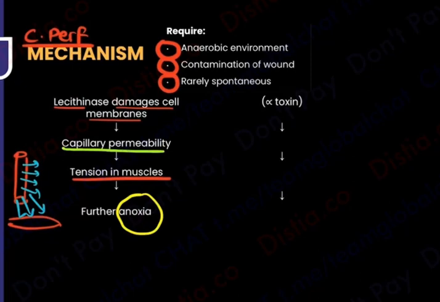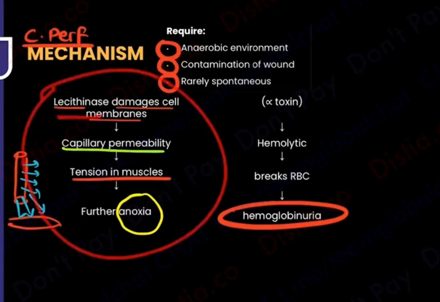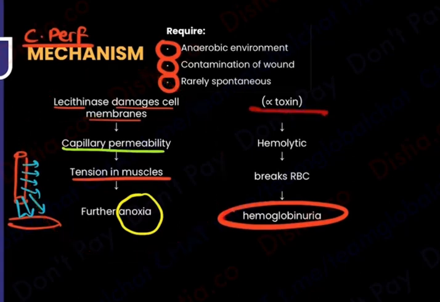Meanwhile, this alpha toxin is also going to do something very important, and that is it is hemolytic. It starts breaking the red blood cells, so all the hemoglobin will start coming out into the urine. These patients also have hemoglobinuria. So please remember, number one, there is going to be a lot of tension on the muscle. That is also done by alpha toxin, and similarly alpha toxin can also cause hemolysis.